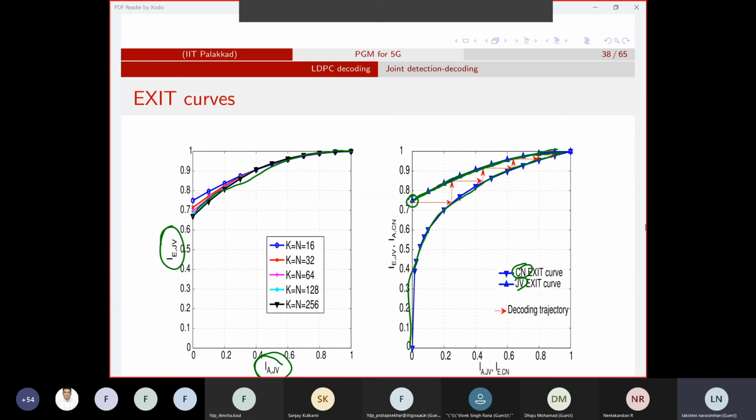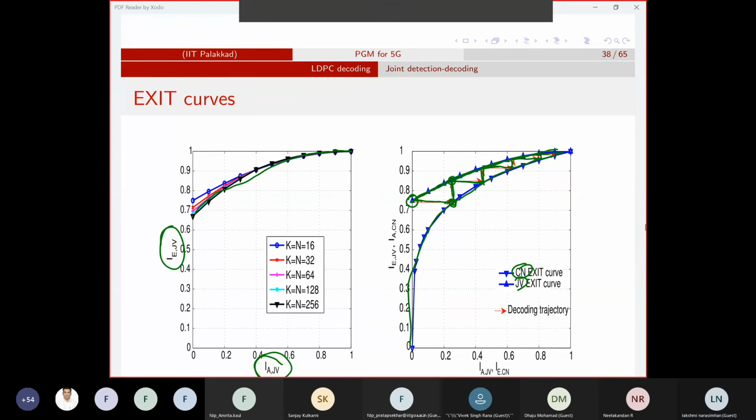This first produces 0.7 of mutual information, which is fed into the other one, and that produces some extrinsic information, which is once again fed back. This is known as the decoding trajectory. Each set of observation nodes, factor nodes and variable nodes, when messages are passed between them, provide extra information or refine the probabilities. Those refined probabilities are once again refined by the other set of variable nodes and factor nodes. How much they refine is given by this graph.